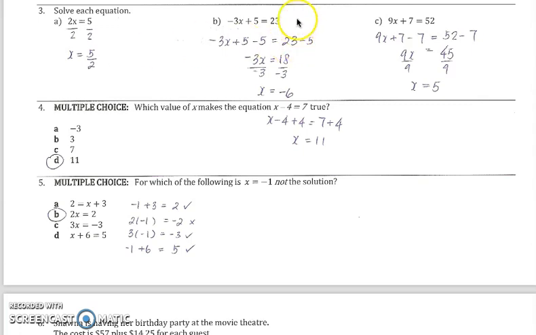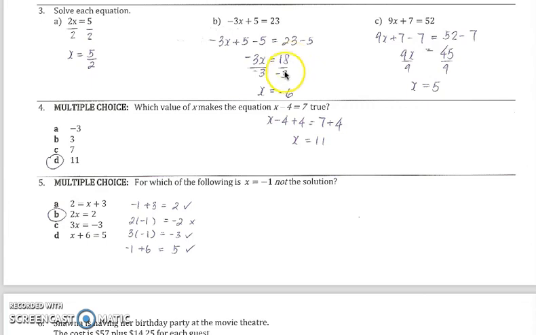B. Negative 3x plus 5 equals 23. The term that doesn't have x in it is plus 5. So we minus 5 on both sides of the equation, leaving us with negative 3x on the left side equals the result of 23 minus 5, which is 18 on the right side.